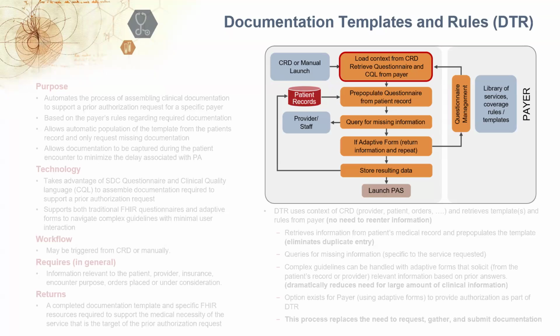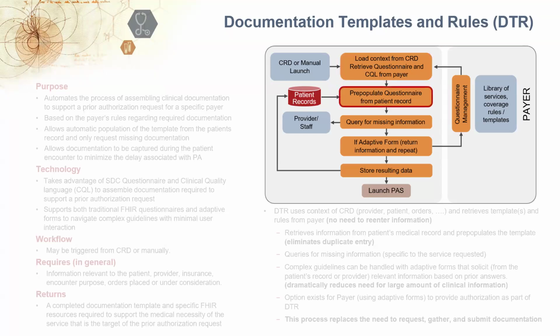And what we mean by that is the CQL libraries that are coming back would be defined by the payer so that the client can take that, execute it against their EHR, and get as much information as possible to pre-populate a form that is built based on the questionnaire. So hopefully there's minimal entry necessary, maybe a few adjustments, modifications, whatever it may be, a review.